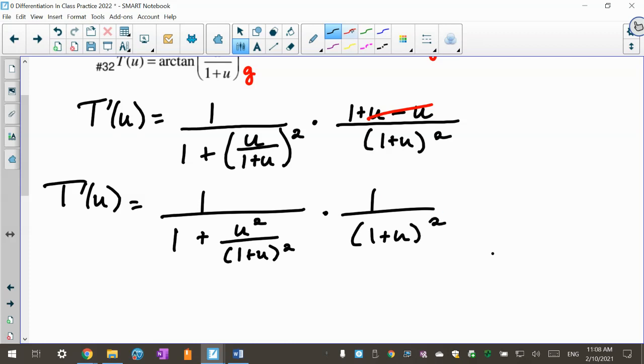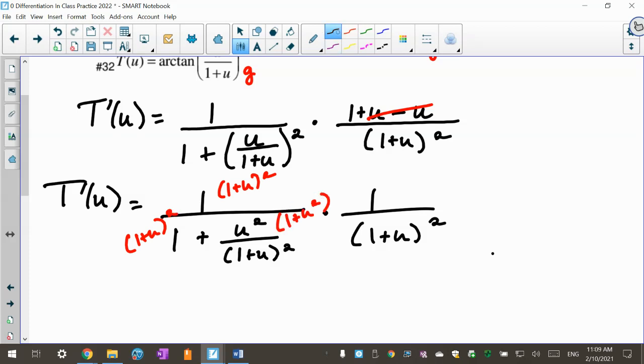Now, this is a complex fraction here, and we don't want a complex fraction. So I'm going to multiply every term by the common denominator, which is going to be 1 plus u squared. So I'm going to multiply everything by the common denominator.